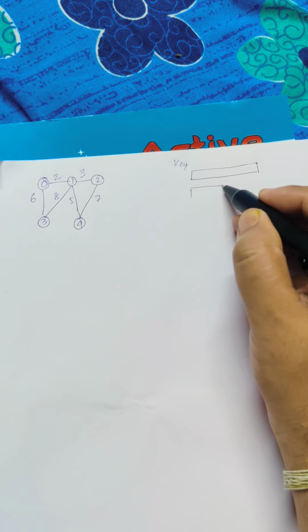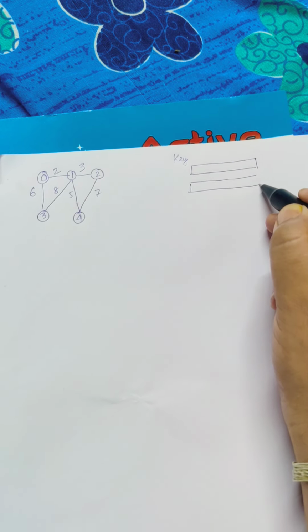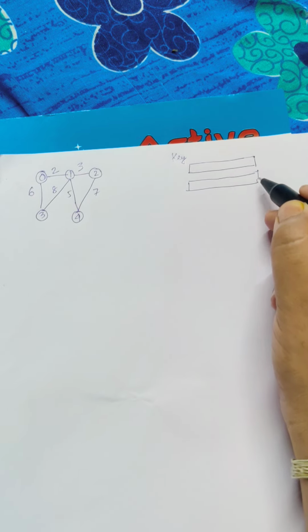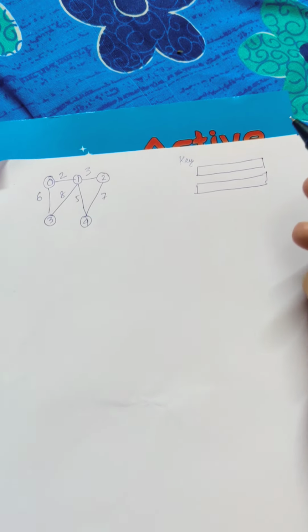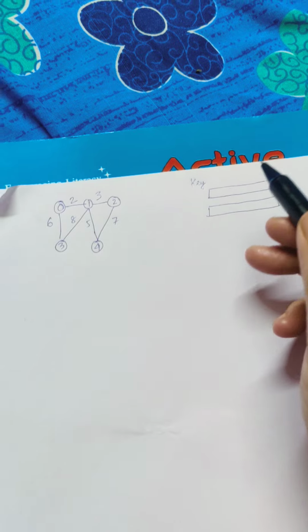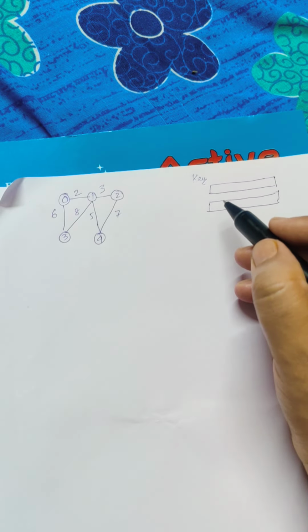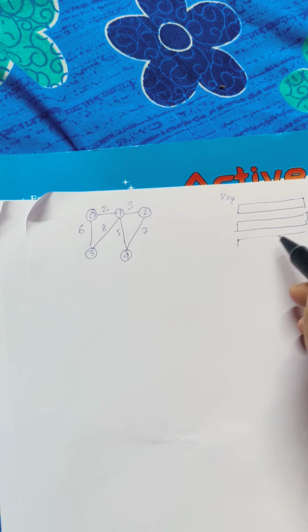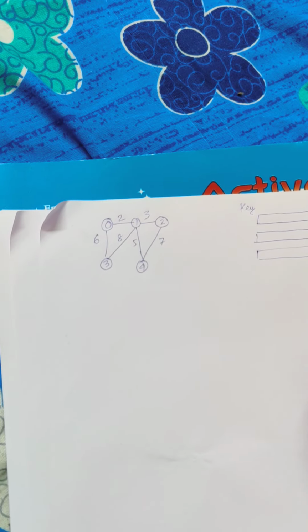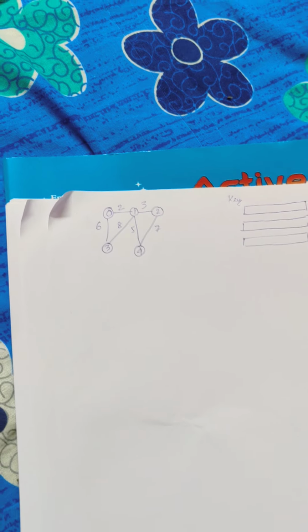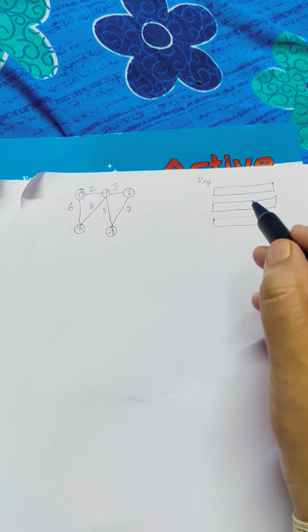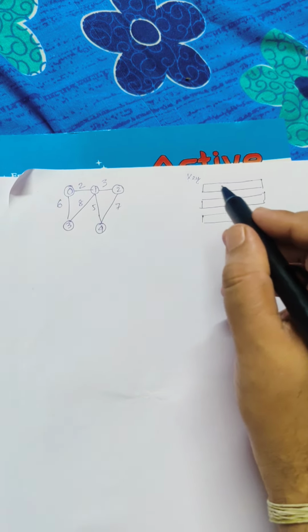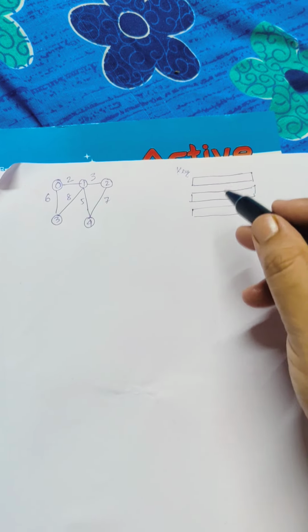Another thing is whether a node has been visited or not. Based on that, we keep a second array, which is a visited array, and the last array is the parent array. Now let's understand how many elements may reside in these arrays.